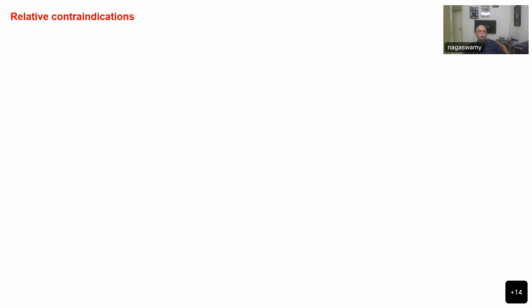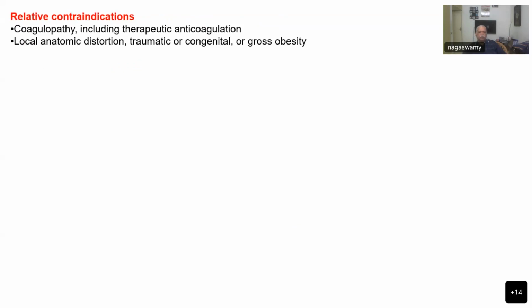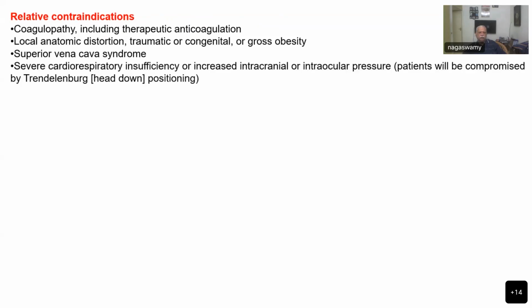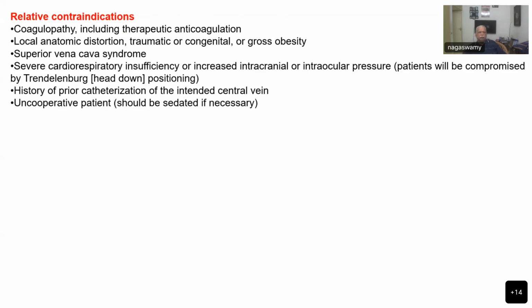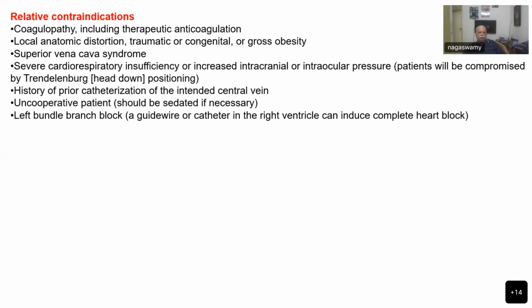And the relative contraindications: coagulopathy, including therapeutic anticoagulation, local anatomic distortion, trauma, congenital malformation or gross obesity, SVC syndrome, severe cardiorespiratory insufficiency, or increased intracranial or intraocular pressure, as the patient will be compromised because of the slight Trendelenburg position we have to give, history of prior catheterization of the involved central vein, uncooperative patient, and left bundle branch block, as the guide wire can produce a complete heart block.